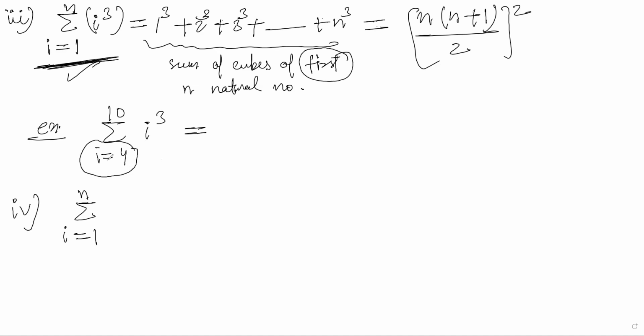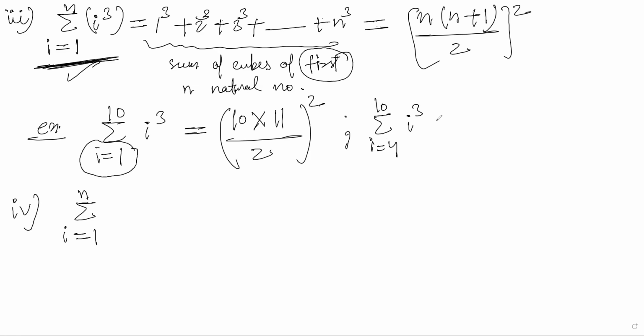I missed the term for I is equals to 1, I is equals to 2, I is equals to 3. अगर ये I is from 1 to 10 होता, तो I would have simply written it as 10 into 11 divided by 2 whole square. Right? But I'm not asking you this. I'm asking you, I is from 4 to 10.